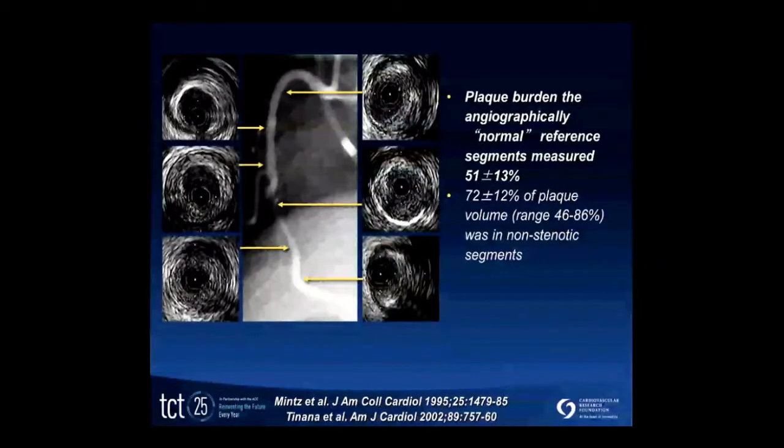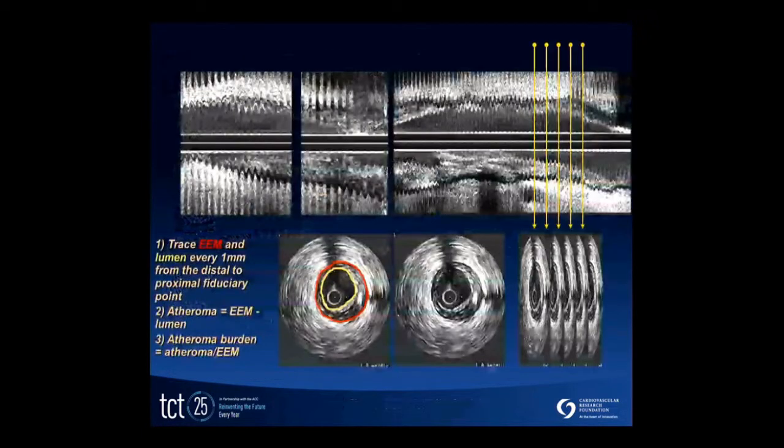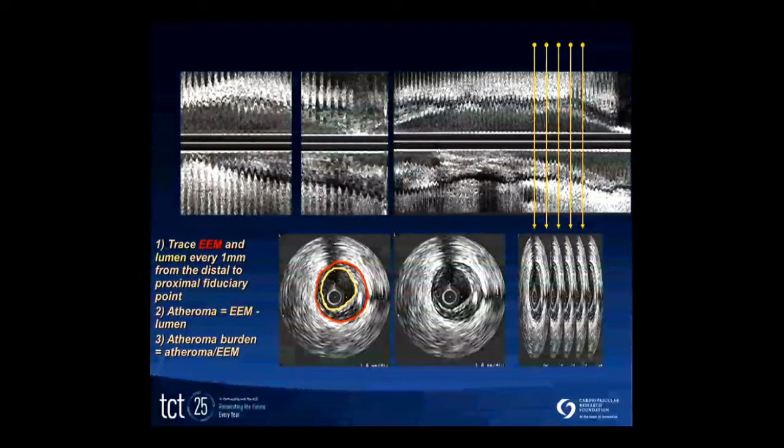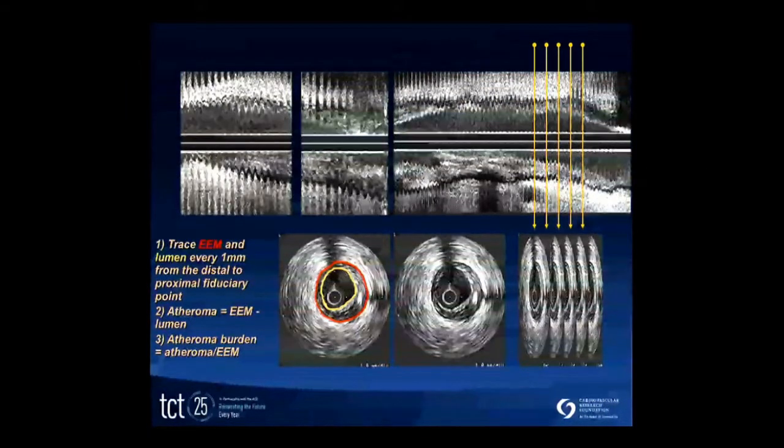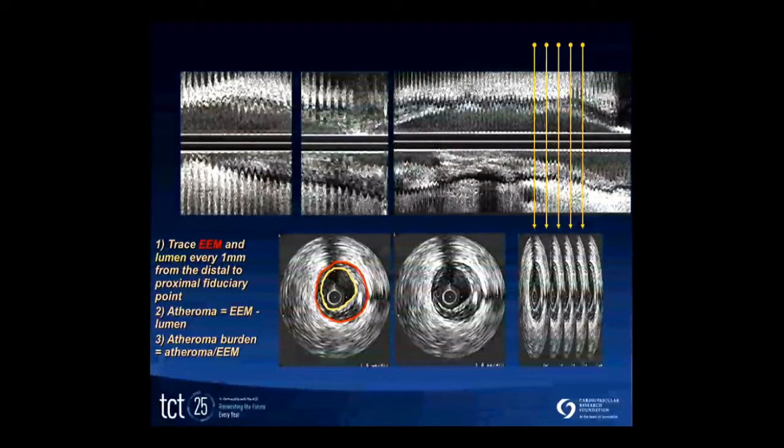We learned a long time ago that the majority of atherosclerosis is in non-stenotic segments. As a result, the best technique to assess overall plaque burden and progression and regression of atherosclerotic volume is intravascular ultrasound. And the technology or the approach is very simple.